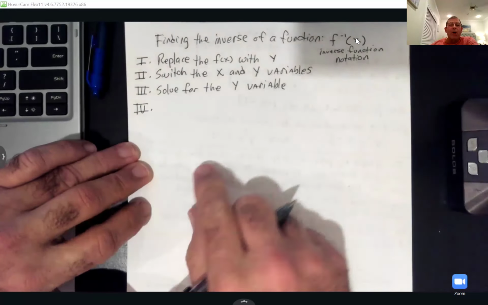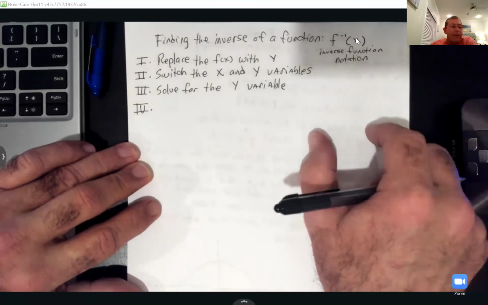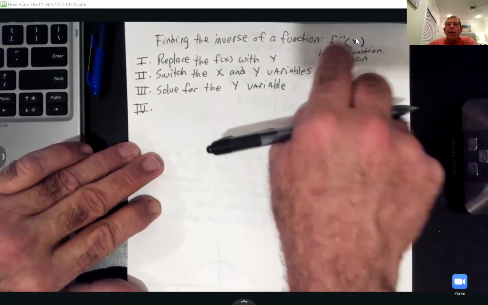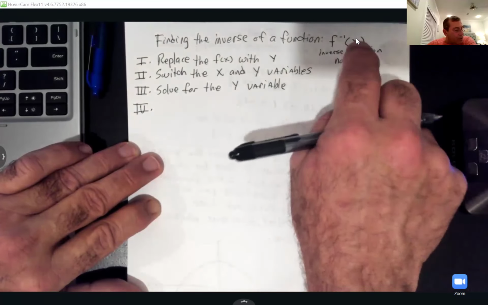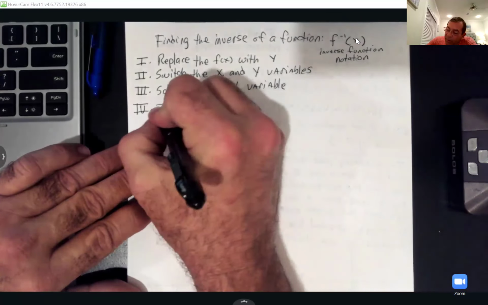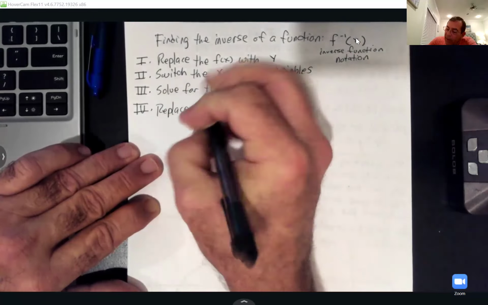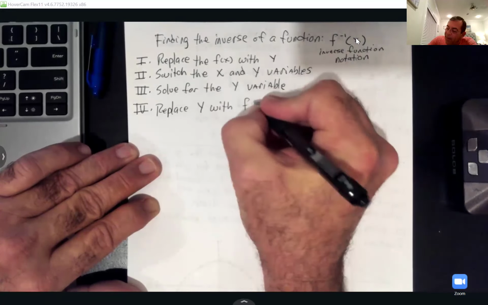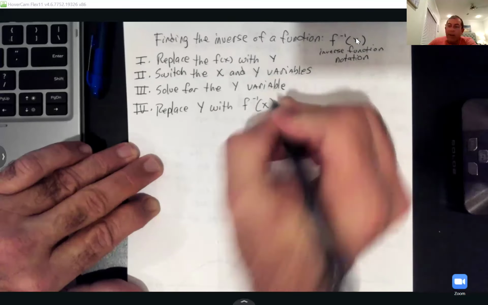All right, so you're going to solve it. You're going to have y equals whatever. So the last step is to replace that y with your f inverse notation. So I'm going to replace that y with f inverse of x.